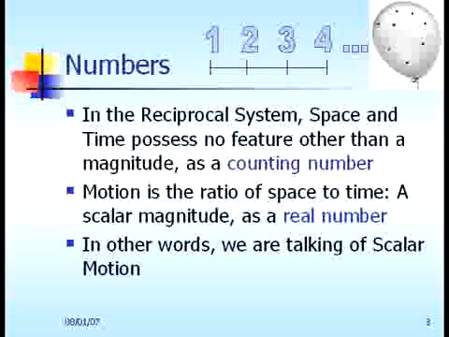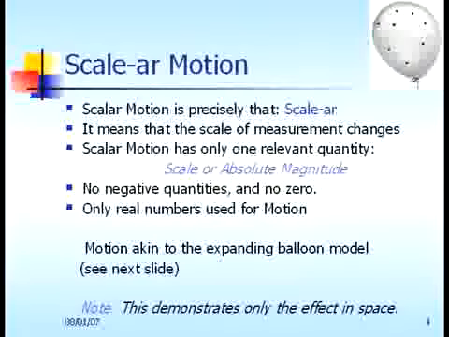In other words, we are talking of scalar motion. A relation between two counting numbers can only have a scalar magnitude. Hence, scalar motion is just that, scalar.